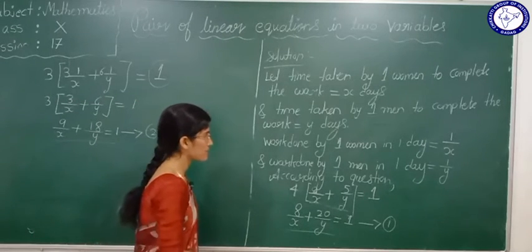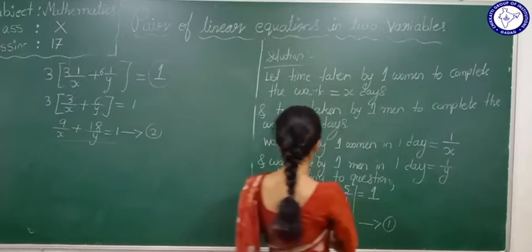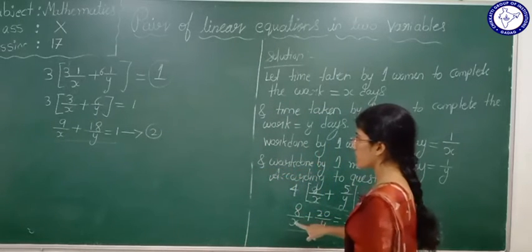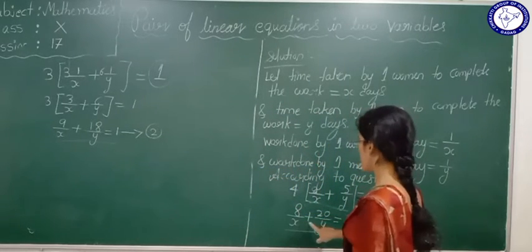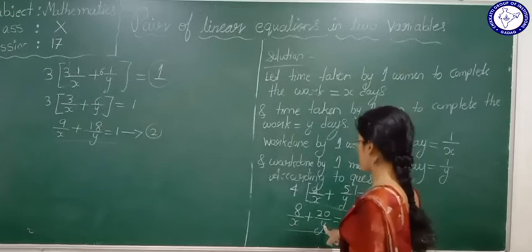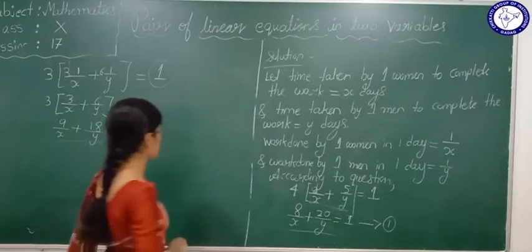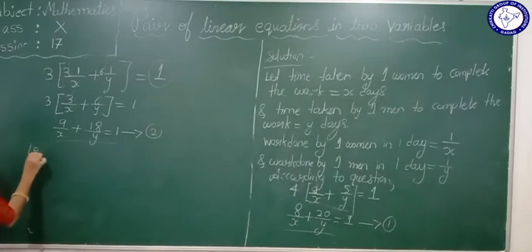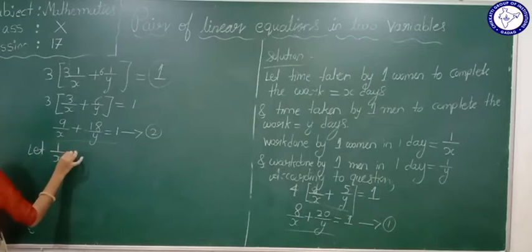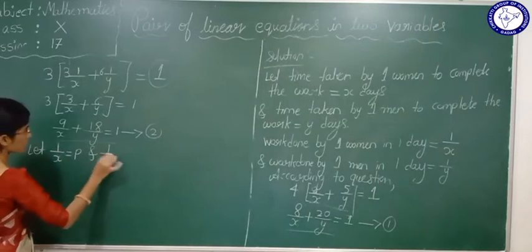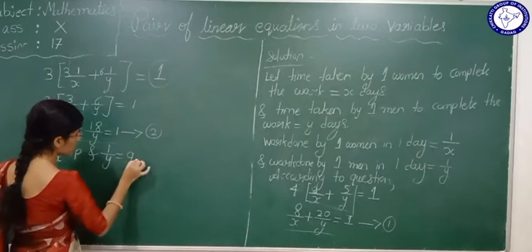Now look at equations 1 and 2. Here x is in the denominator and there y is in the denominator. So what we will do is let 1 by x be equal to p and 1 by y be equal to q.